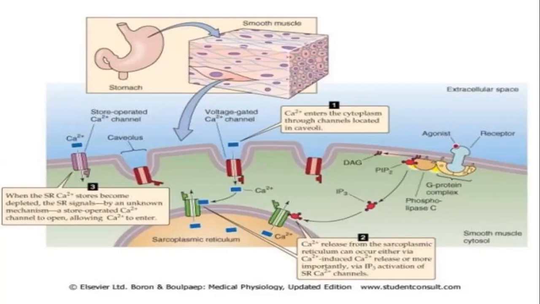In the smooth muscle, calcium binds to calmodulin, and the resulting complex is called now the calmodulin dependent myosin light chain kinase. So there is formation of calmodulin dependent myosin light chain kinase, which is getting now activated.